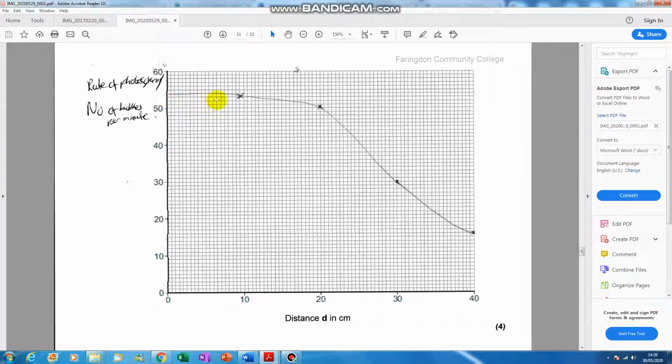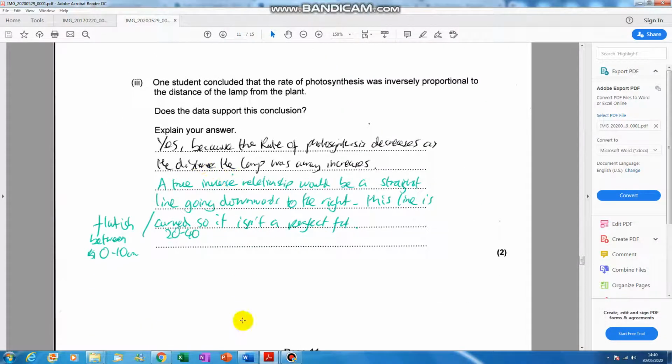The effect isn't quite as clear between 0 and 20 centimeters, so that might be significant. You can see a little decrease between here and here, but it's not as significant as between here and here and here and here. So let's flick to the answers.